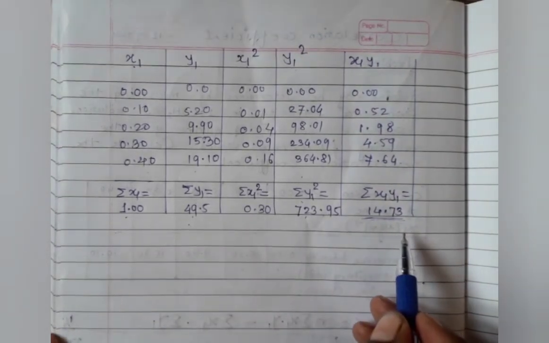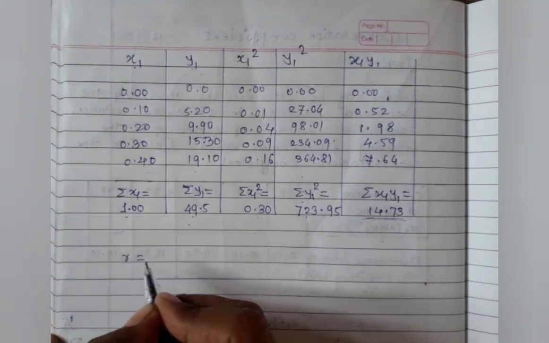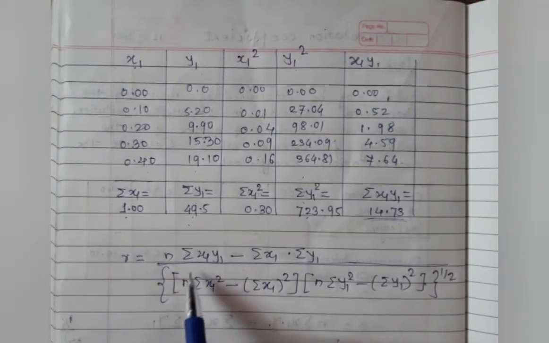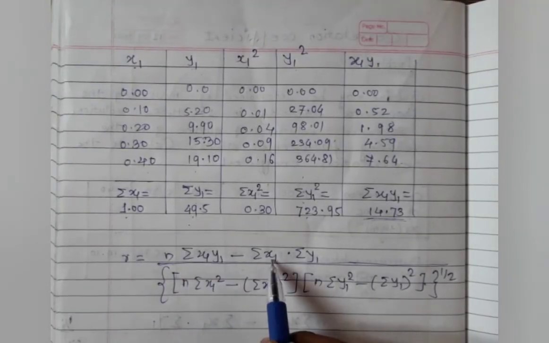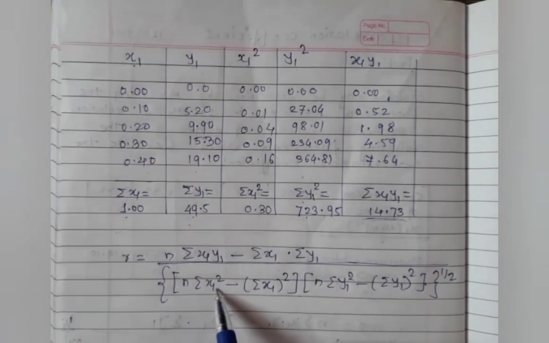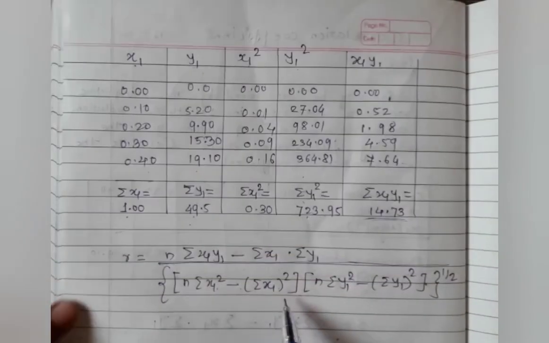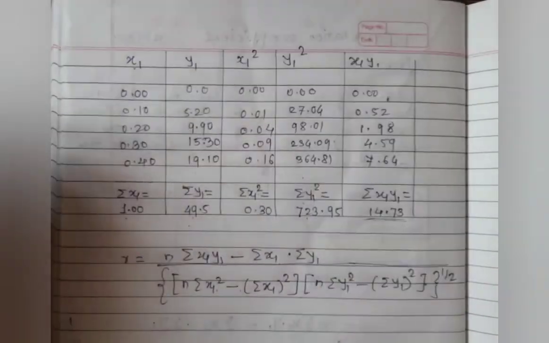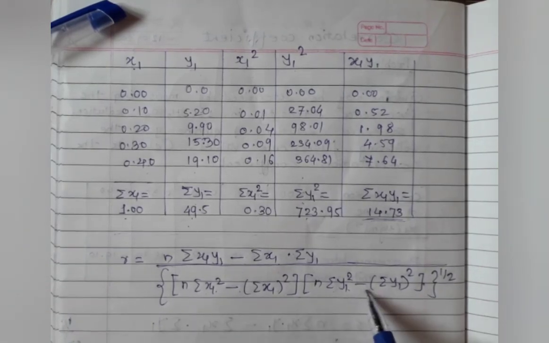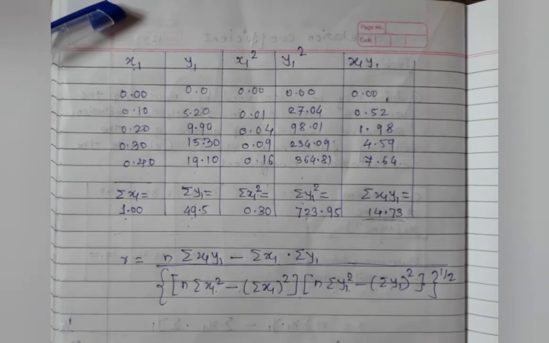Now we can put these values in the equation of the correlation coefficient. R is equal to, this is the equation of R, n into summation of x1 y1 minus summation of x1 into summation of y1 divided by n into summation of x1 square minus, in bracket, summation of x1, bracket square. The first bracket is completed and in the second bracket n into summation of y1 square minus summation of y1, bracket square, and the whole bracket is to half.